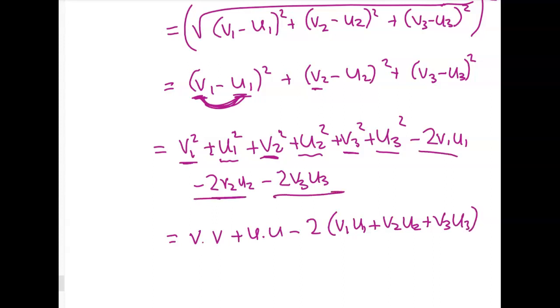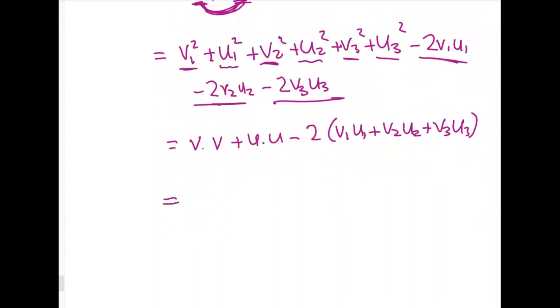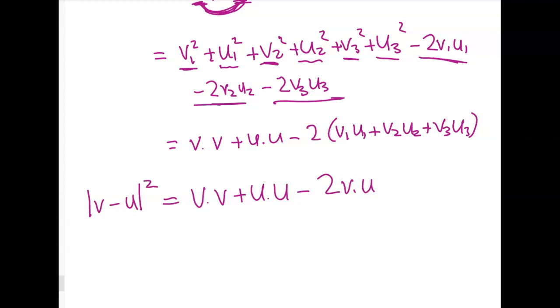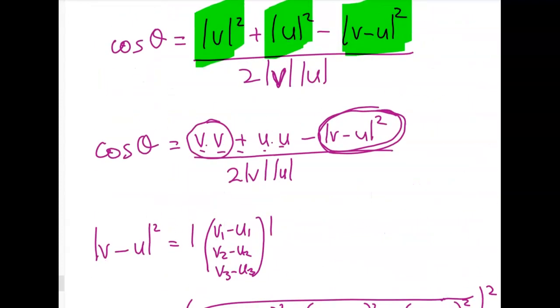So that's this. Now we can simplify this to be v dot v plus u dot u minus 2 v dot u. Okay, so what we've done by doing that step out to the side is that we've shown that we can rewrite this like this. So going back to here, we're going to substitute in.